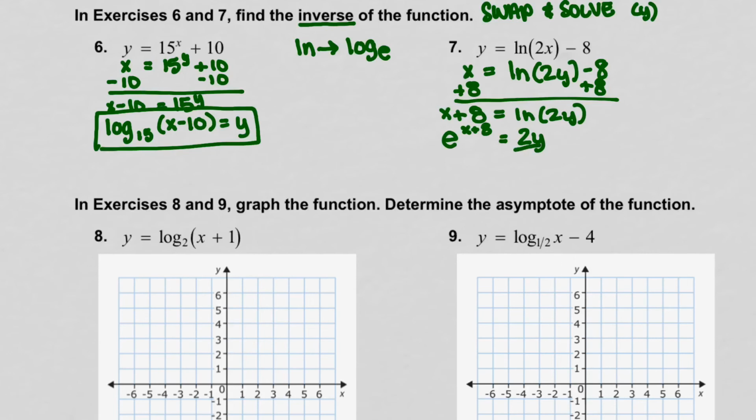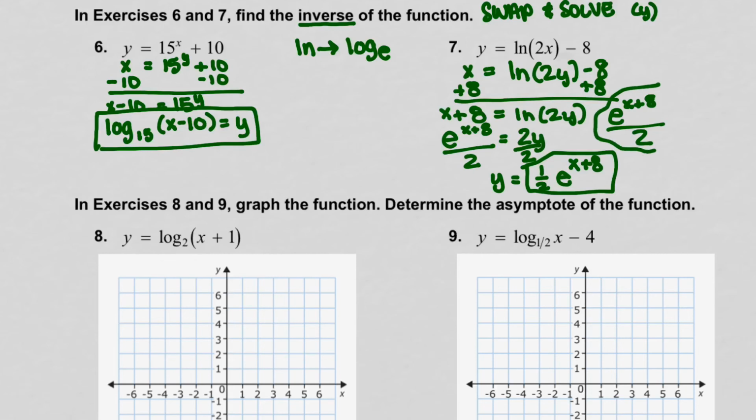We need to isolate just 1 copy. So let's go ahead and divide both sides by 2. So y equals 1/2 of e to the x plus 8. So it can be written like this, or it can be written as e to the x plus 8 over 2. Those both mean the same thing.